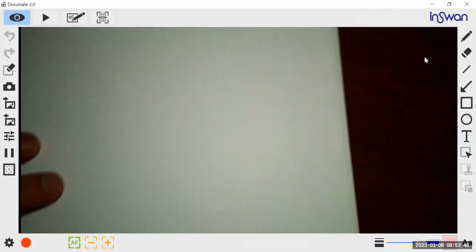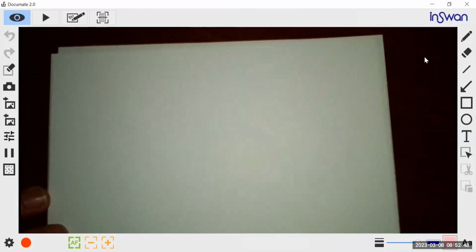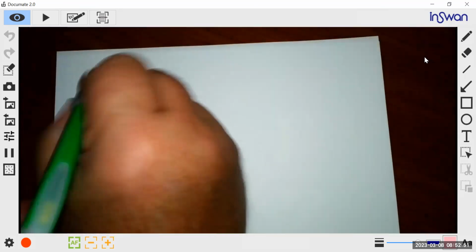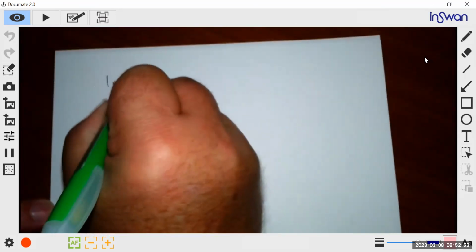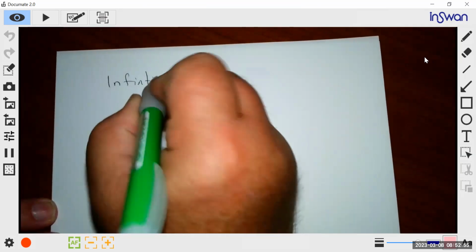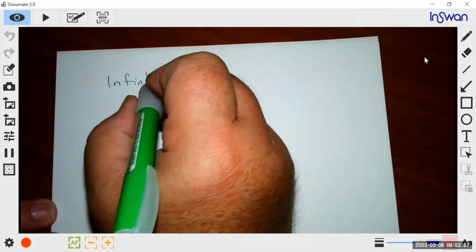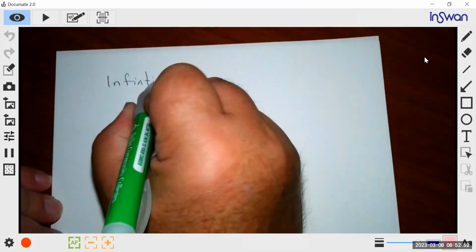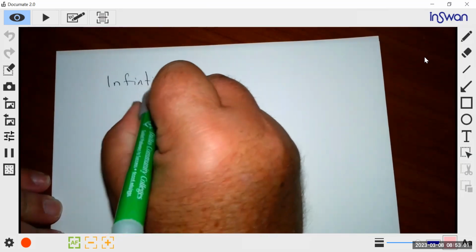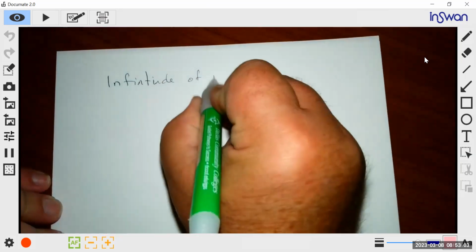If we look at it, this is called the infinitude of prime numbers.